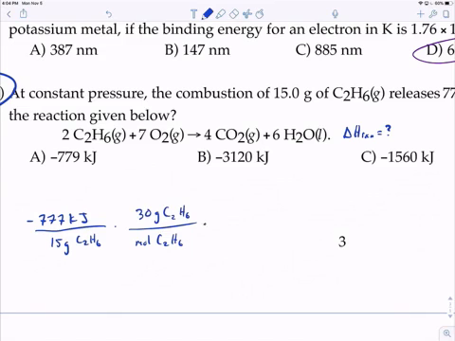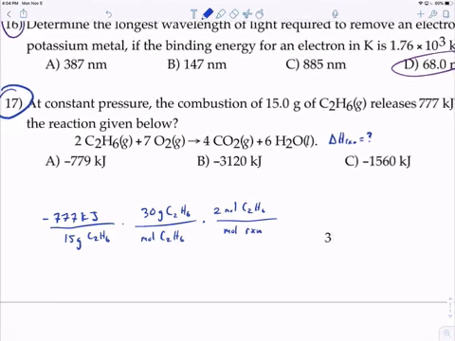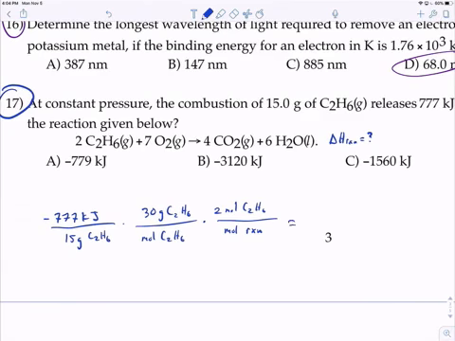And then we have 2 moles C2H6 per mole of reaction. So 15 grams of ethane releases 777 kilojoules. We want to know the delta H for this reaction as written.